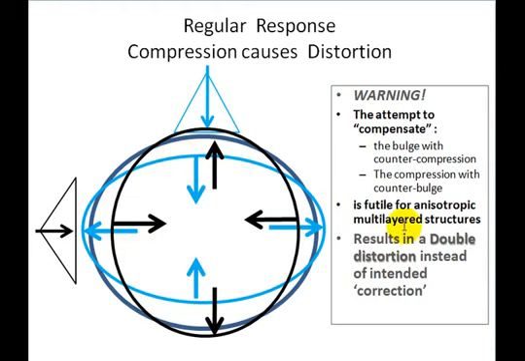So even when you try to compensate by loading evenly, even though it's impractical, with all sorts of directions, your end result is going to be a double distortion instead of the intended correction. So that's a very important warning that I'd like to point out here, because of, typically say, the orthopedic thinking.